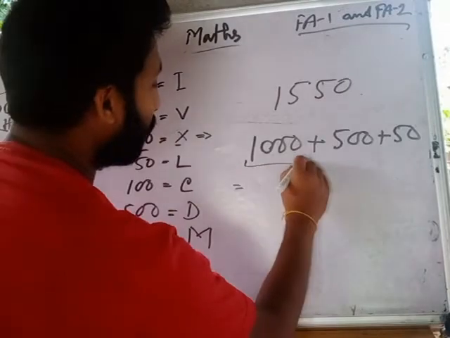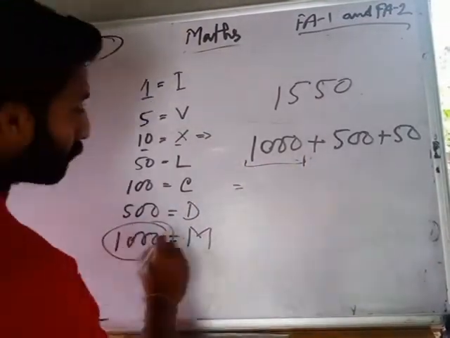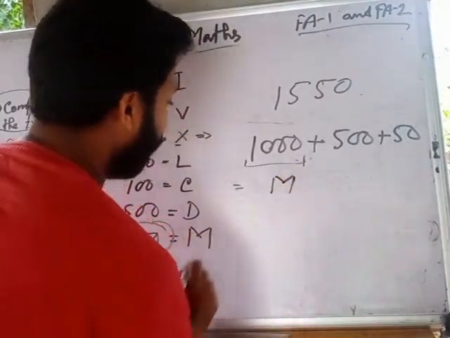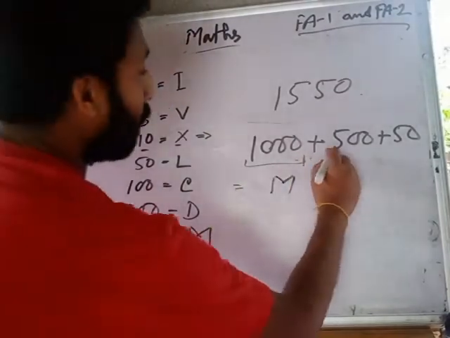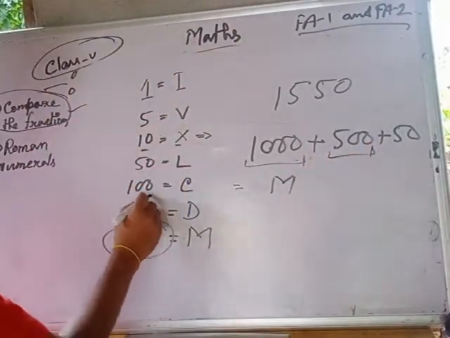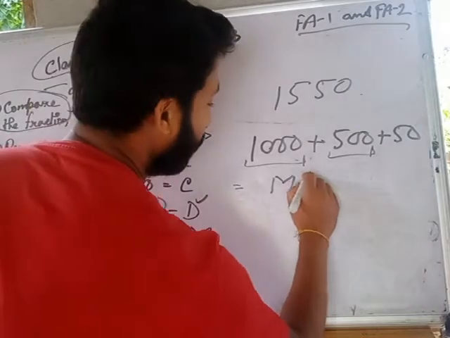That means thousands, at the place of thousands, we should write here M. After that 500, so we should write here D.